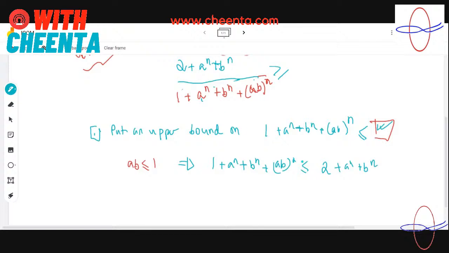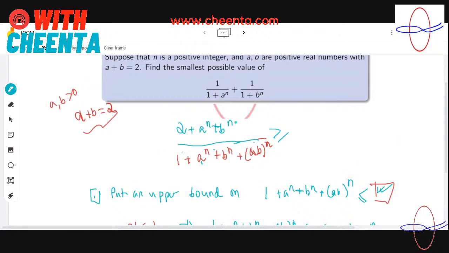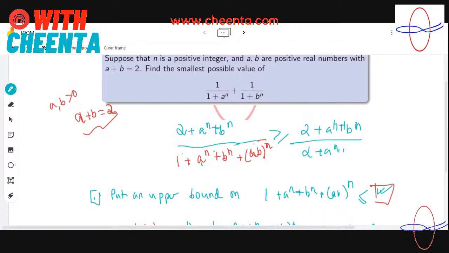So therefore, what do we get? We get that this is less than or equal to this. So now, if y is less than or equal to c, you get x by y is greater than or equal to x by c, if x is positive. Since these are positive, this is greater than or equal to (2 + a^n + b^n)^(n/2) over (2 + a^n + b^n), which is equal to 1. So the minimum value is 1.